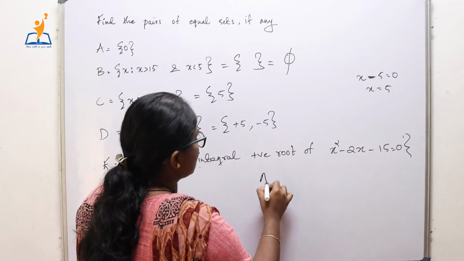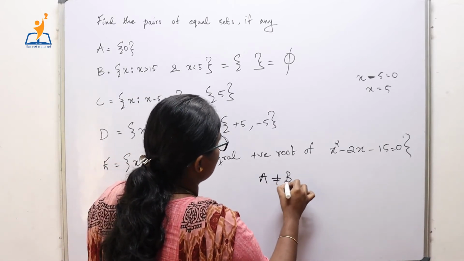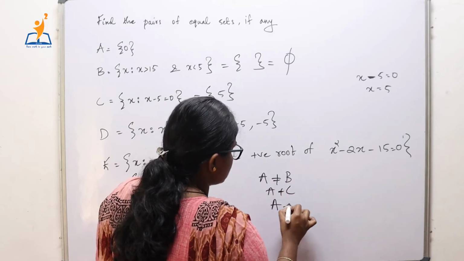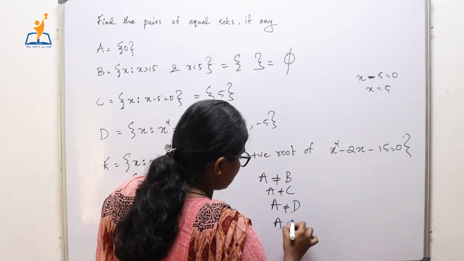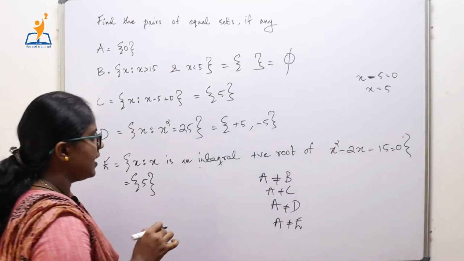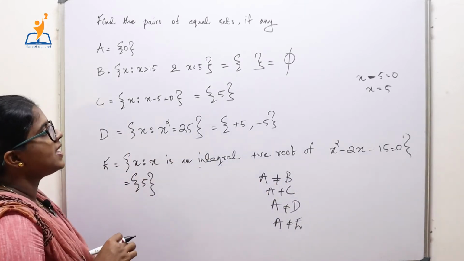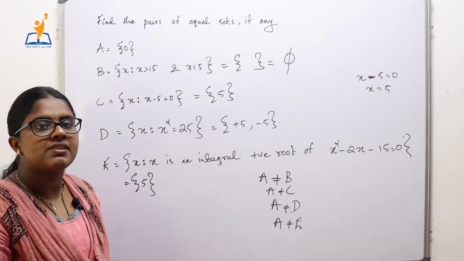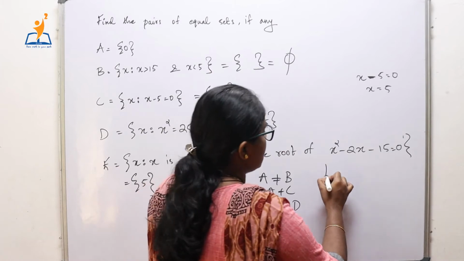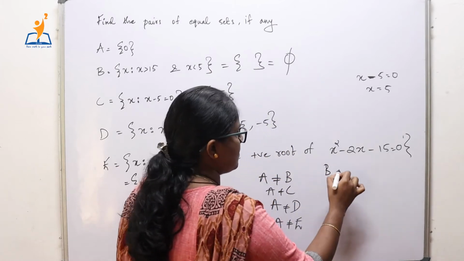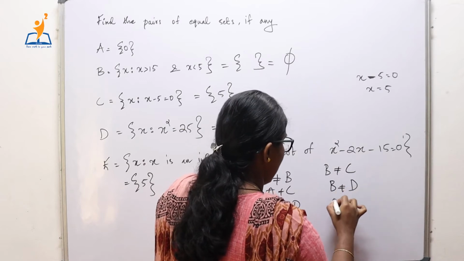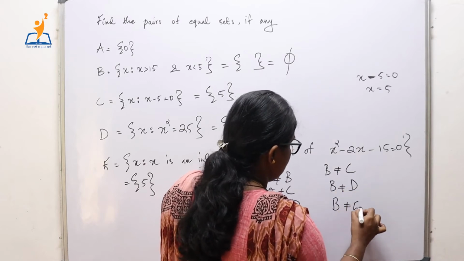So we can clearly say that A is not equal to B, A is not equal to C, A is not equal to D and A is not equal to E. Now our second set B is an empty set and no other set is an empty set. So we can say that B is not equal to A, it's clear, B is not equal to C, B is not equal to D and B is not equal to E.